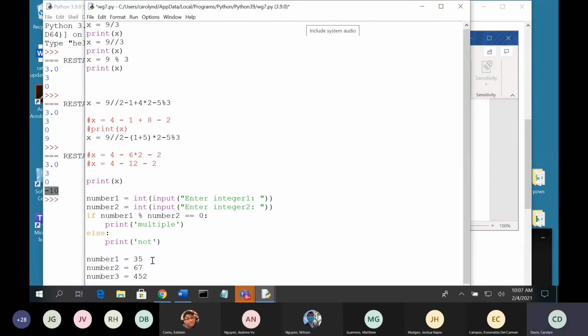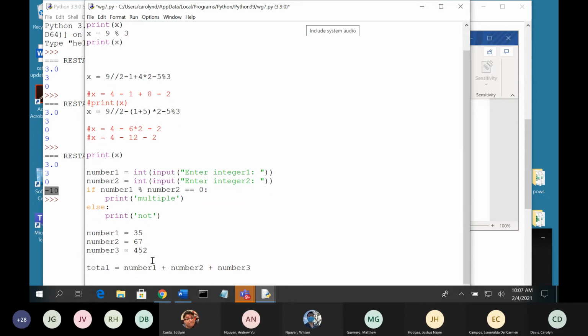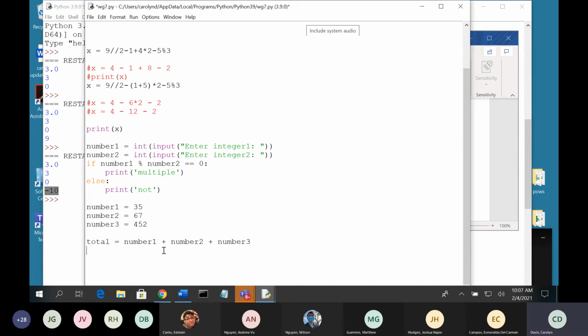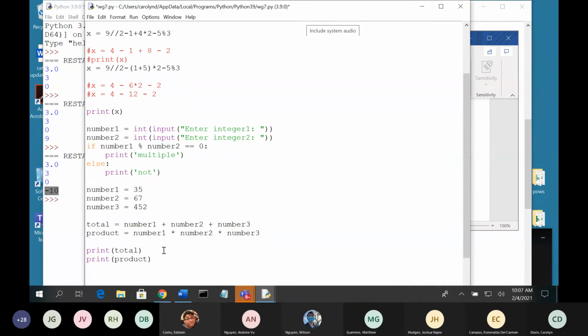I wanted the sum. I wanted the product. And print it.